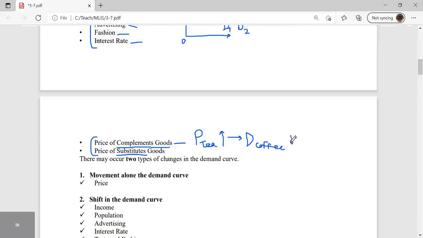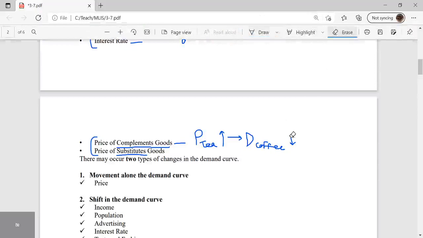Demand for coffee will fall, right? See what's happening? The demand for coffee is falling because the price of tea is increasing. Oh, sorry. Demand for coffee will increase.